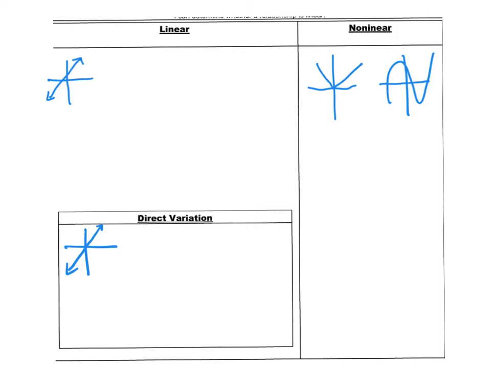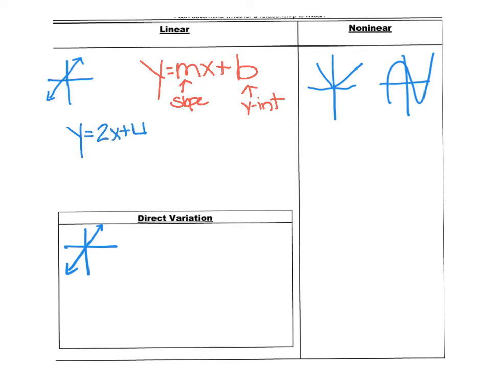All right, so let's go ahead and take a look at what the relationship looks like in an equation. Any linear function can be written as y is equal to mx plus b, where m is going to represent the slope and the b represents the y-intercept. You can have an equation like y is equal to 2x plus 4.